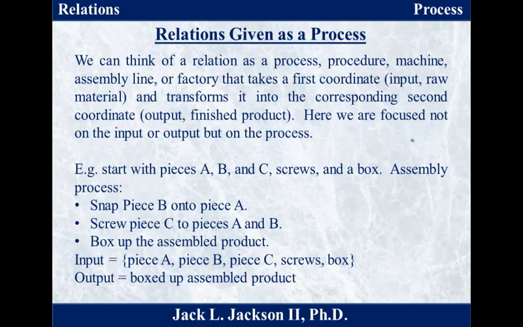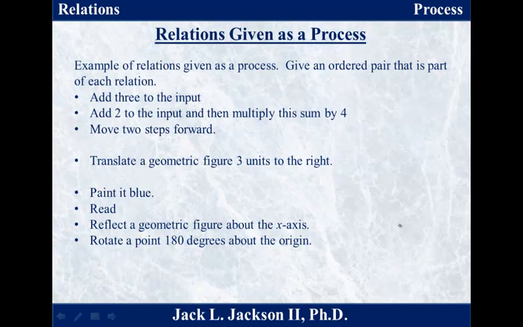And for each box we have an ordered pair in this process. Okay? And so this assembly process is a relation, right? Where these things are related because all these inputs are going to be put together to make up the final product. So we can think of a process of turning an input into an output. So here are several examples here.